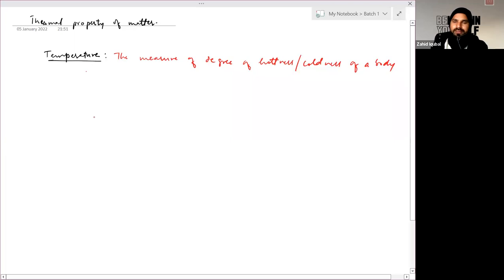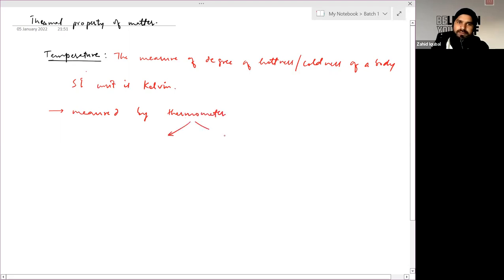It is defined on the basis of melting point of ice and boiling point of water. SI unit is Kelvin and is measured by an instrument called thermometer.